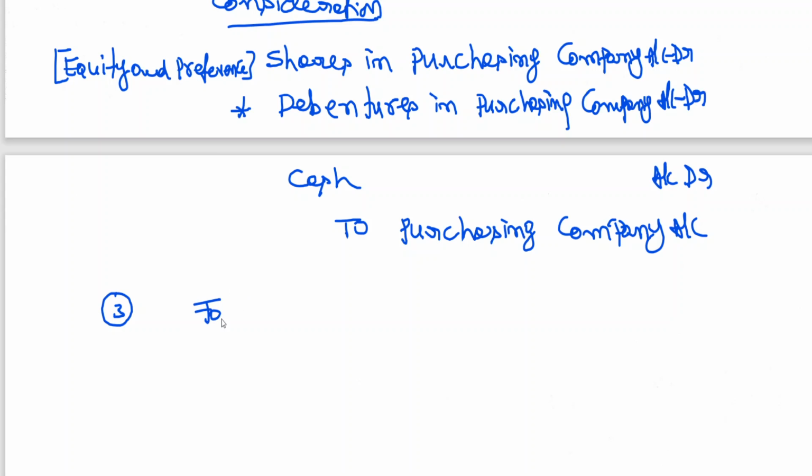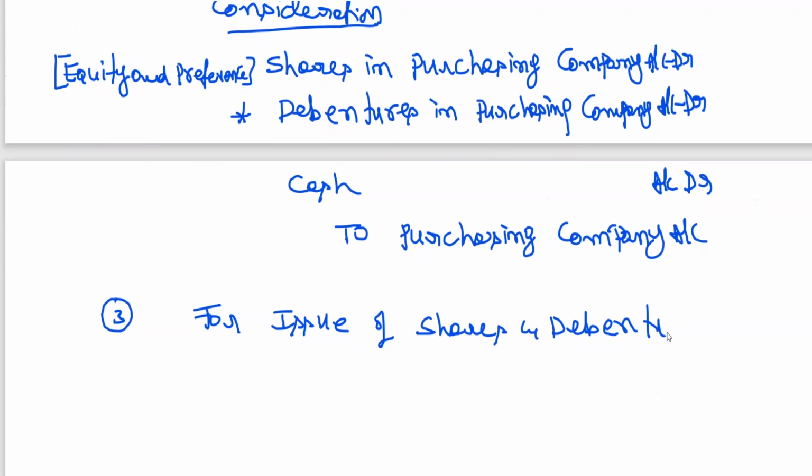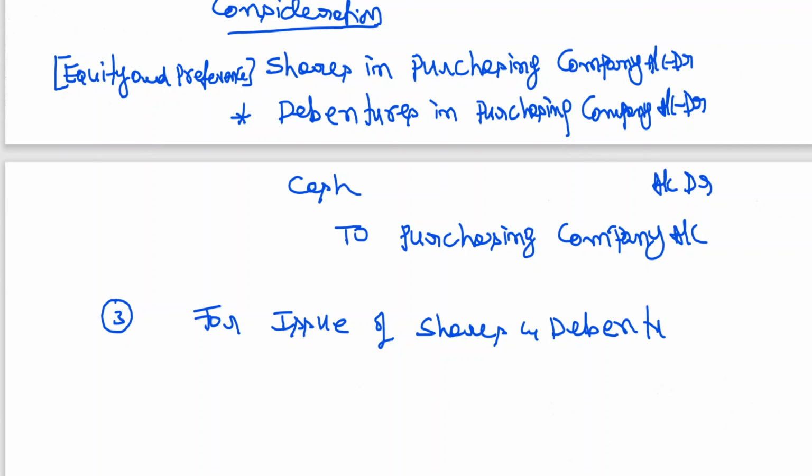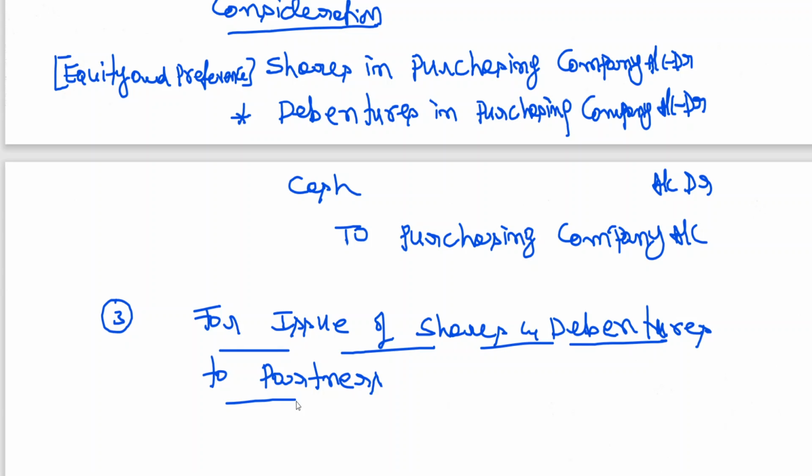So for issue of shares and debentures, of course you know the entry for payment of cash, entry for issue of shares and debentures to partners. How you'll be issuing will be worked out based upon the information given in the problem. But we are only writing the entry.